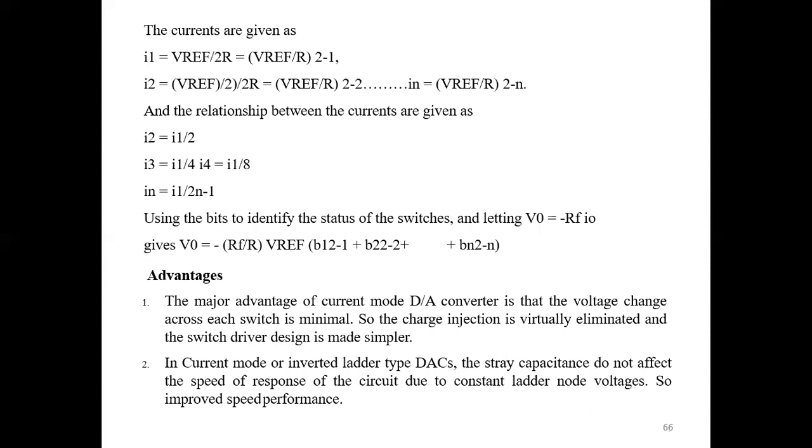In current mode or inverted ladder type DAC, the stray capacitance does not affect the speed of response of the circuit due to constant ladder node voltages. So there is improved speed performance.